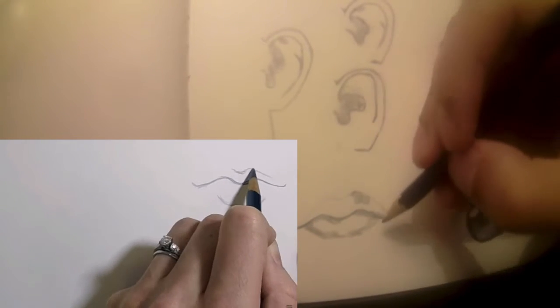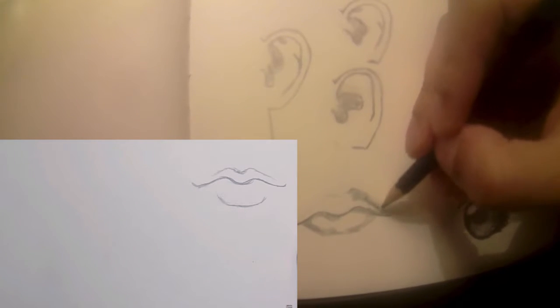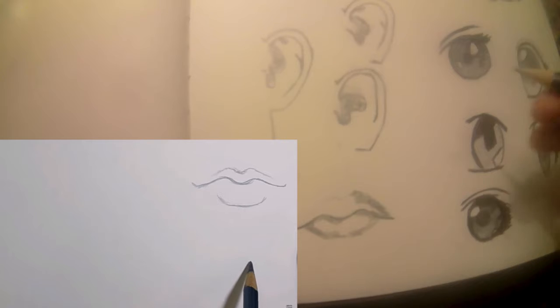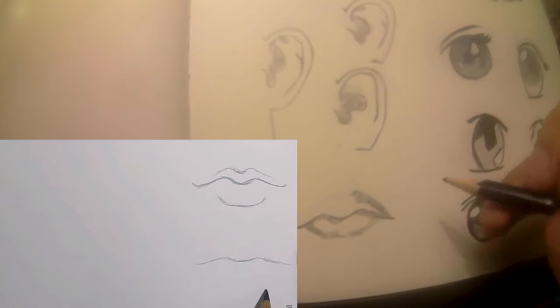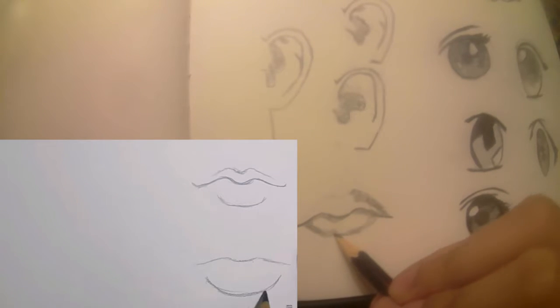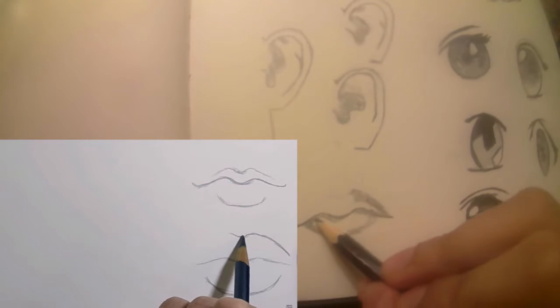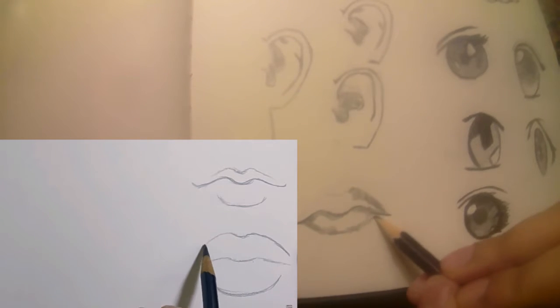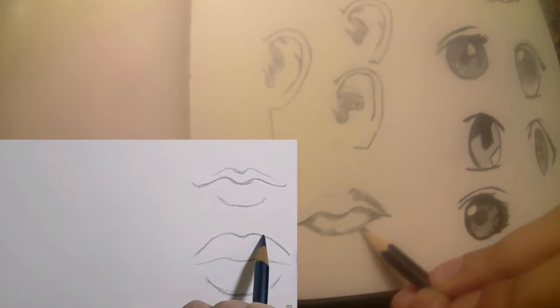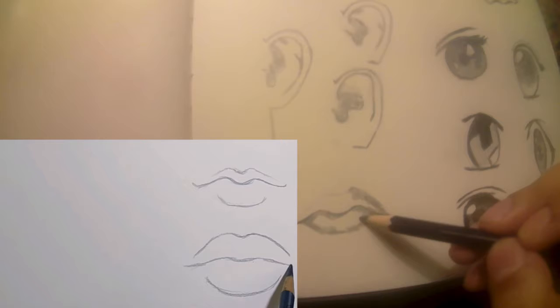Maybe your upper lip is thin, maybe it's thick. And some of us might have big, full lips. So it's always important to keep in mind that everybody is different. We have to observe closely so that we draw what we're seeing and not what we think we see.